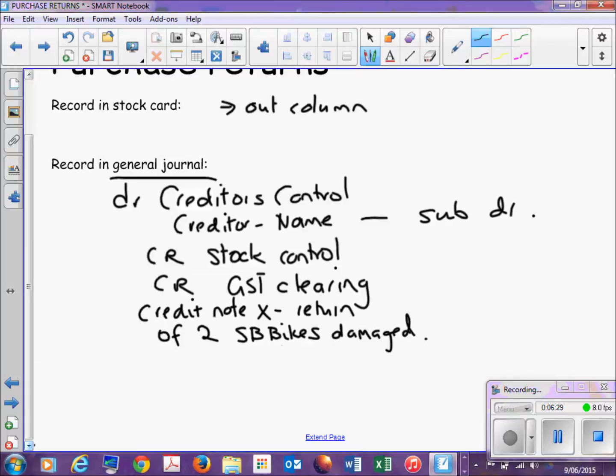We would put the stock type, and we would put the reason. So we put as much detail as we can in the narration, so that when the person's doing the ledgers, they know why we're doing the entries we have to. All right. Any questions there? Okay.